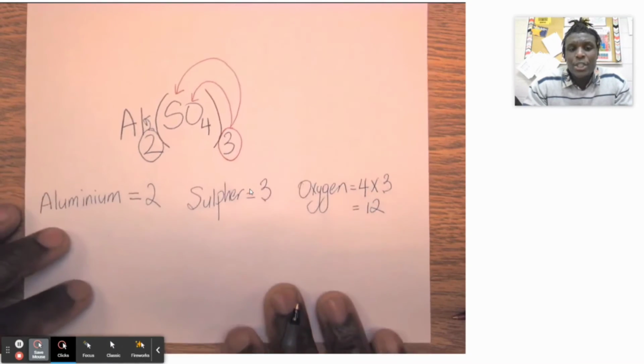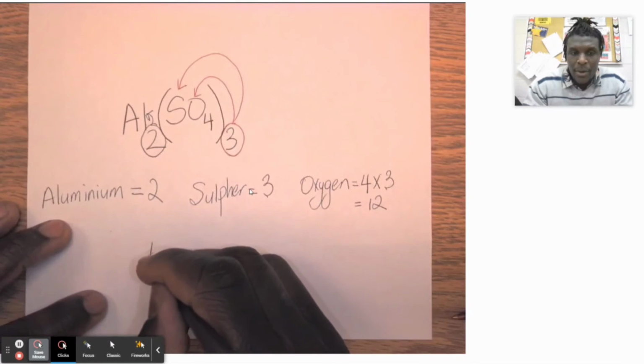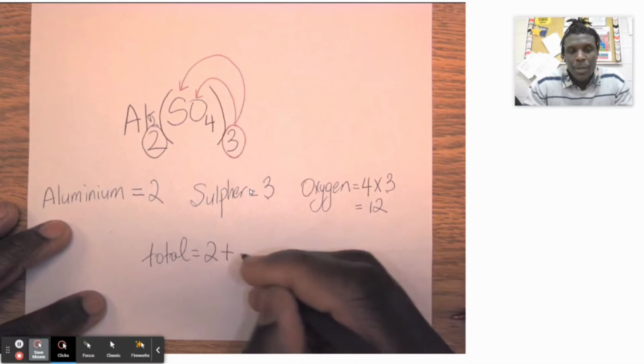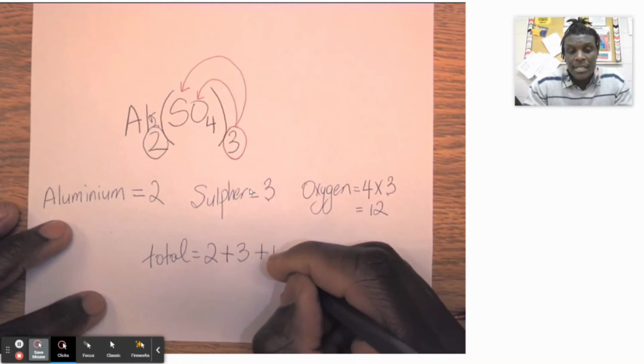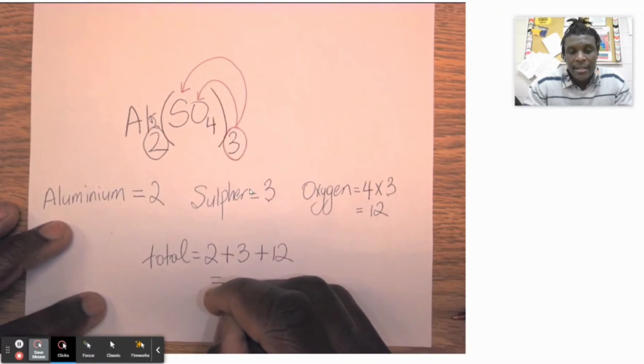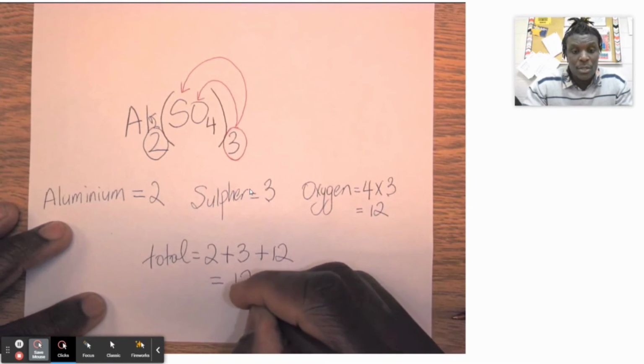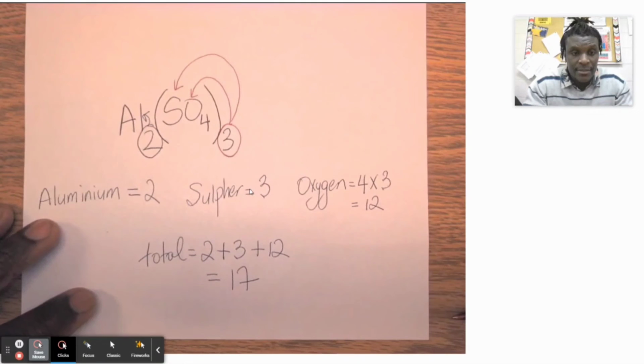So what is the total now? The total amount of elements in this formula unit would be 2 plus 3 plus 12. You can pause the video if you want to try it out. That would give me a total of 17.